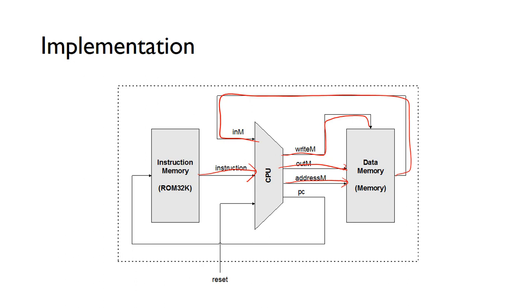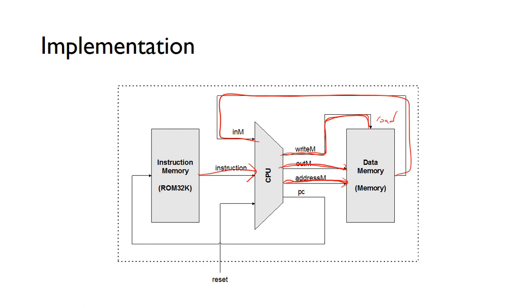The output from the CPU can go into the input of the data memory. We also need to specify the address, and this write bit is essentially the load bit of the RAM. So when that's a 1, whatever value is on the output with that address will get loaded into the data memory.